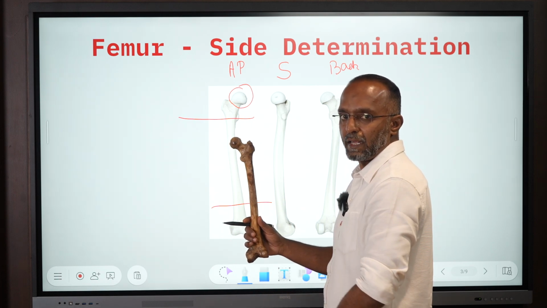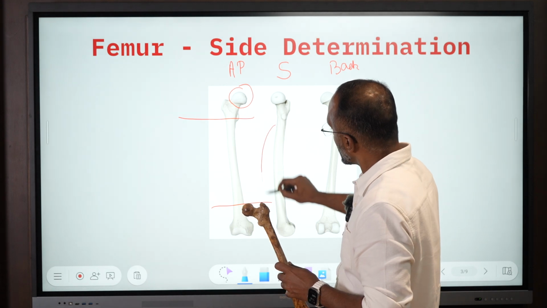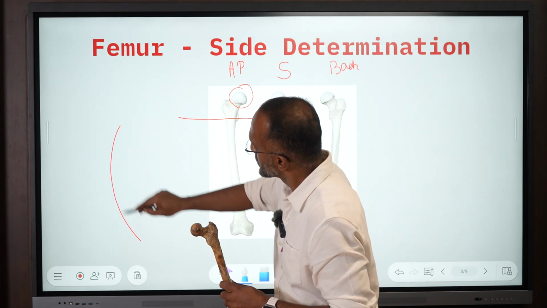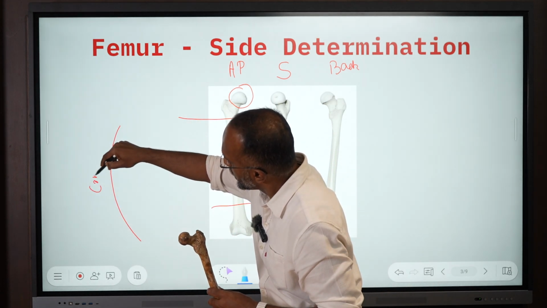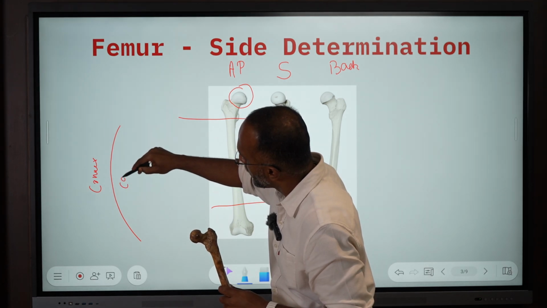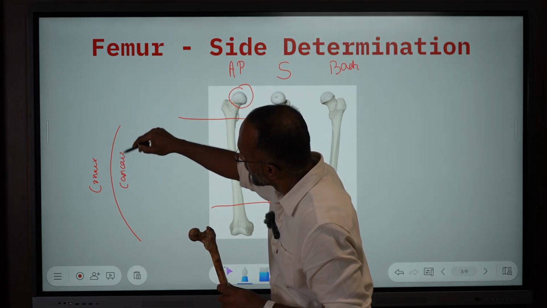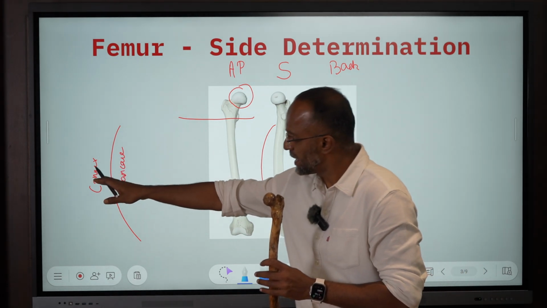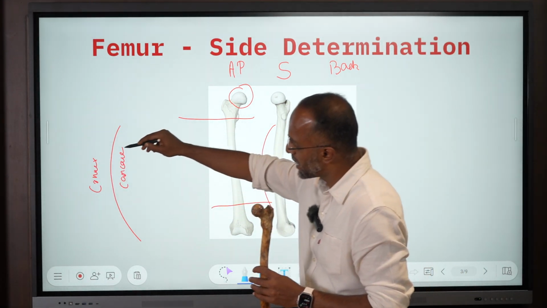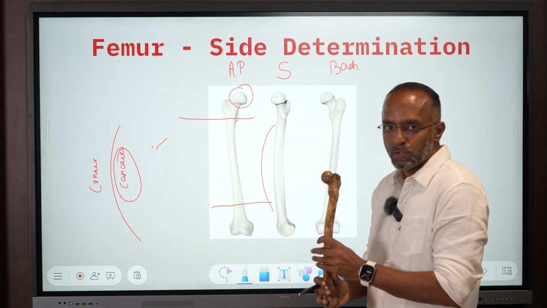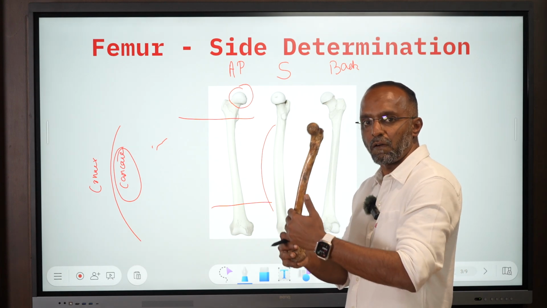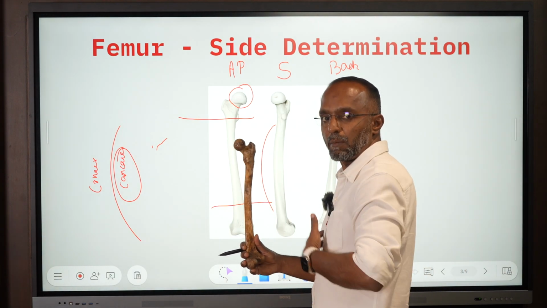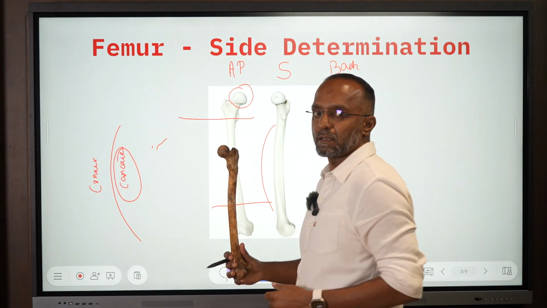So this anterior bowing has convexity and concavity. So the tip of the bow is the convexity and the opposite side is called the concavity. So the femur should be held in such a way that the convexity should face in the front, like my belly is facing in the front.